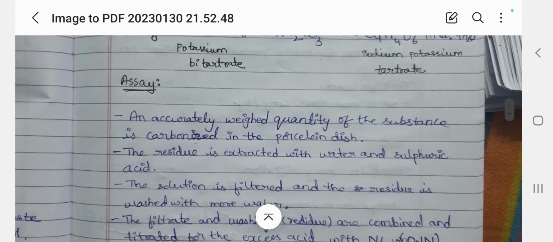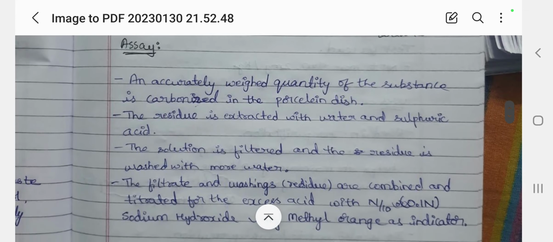Next, the residue is extracted with water and sulfuric acid. After carbonizing, it is treated with sulfuric acid and extracted with water.